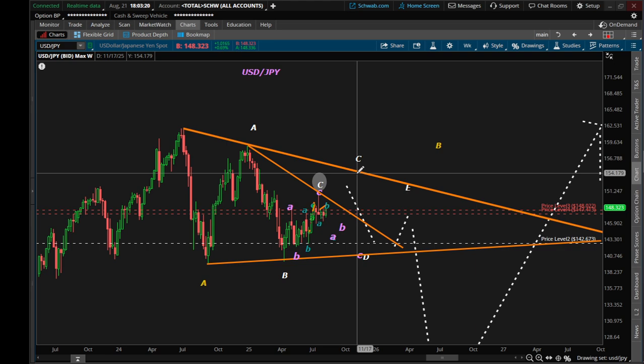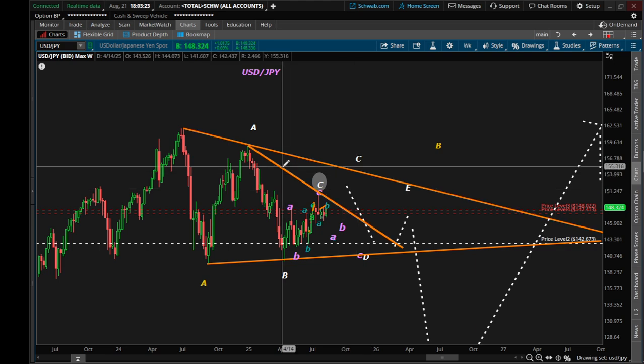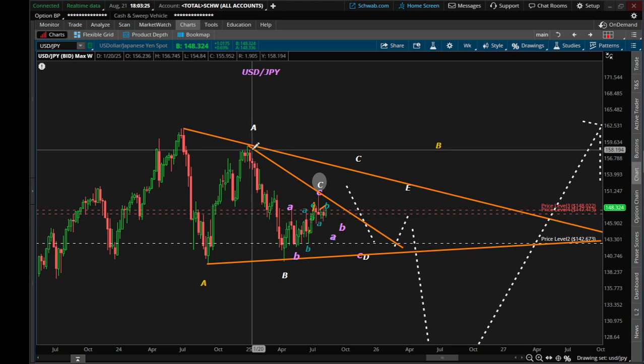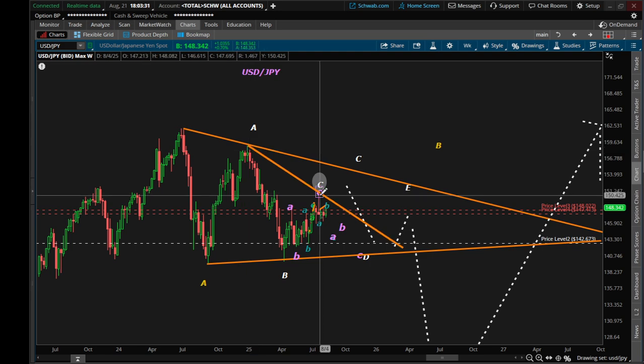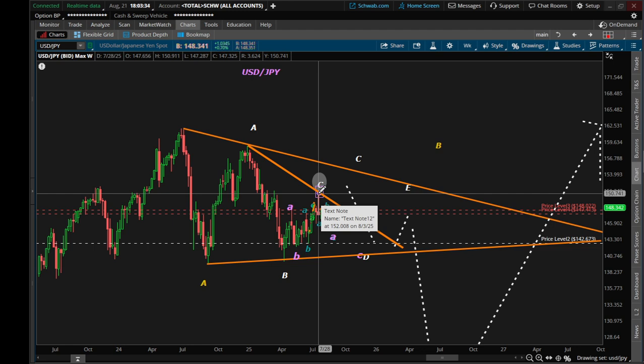But I think we need to focus more on this trend line that's actually part of the triangle. Starting from January of 2025, we hit it again just last month, July 28th, I believe. We'll zoom in and make sure that's the right time frame.